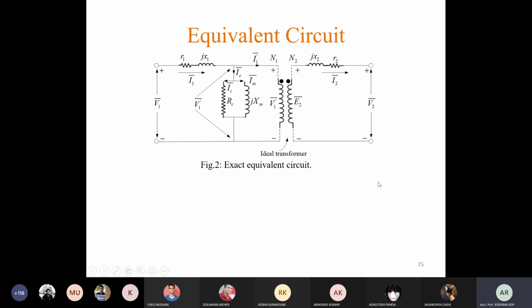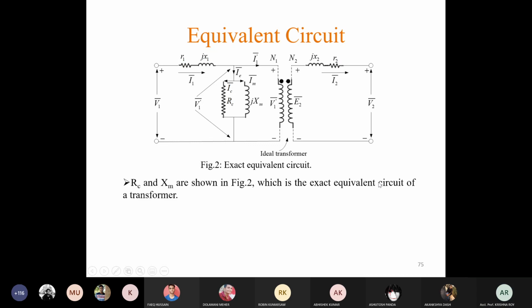Now normally, this is the exact equivalent circuit of a transformer.